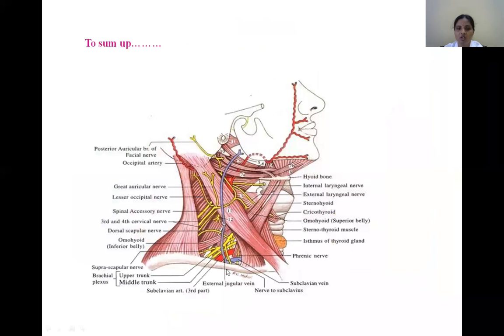To sum up, what is the posterior triangle? It is a part of the side of the neck behind the sternocleidomastoid. And why do we have to know this posterior triangle? Because of these important structures: the cervical plexus and brachial plexus. In addition, an important nerve, the spinal accessory nerve.